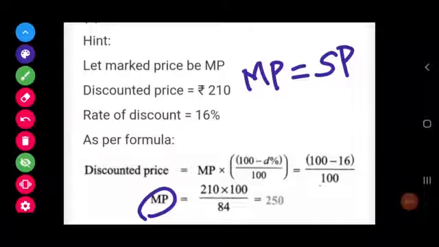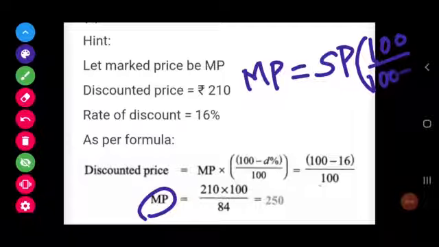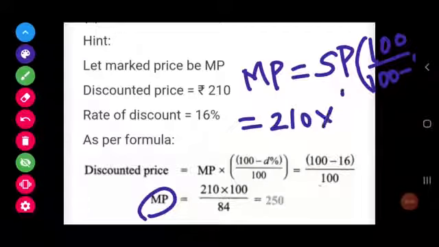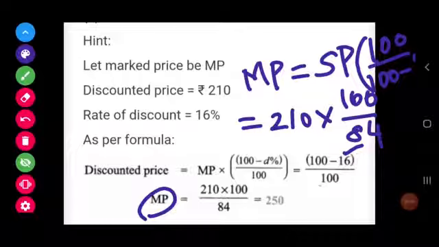In both cases we can take 100 divided by 100 minus discount percentage. Okay, here we know that the selling price is rupees 210, 100 divided by 100 minus 16, discount percentage is 16, 100 minus 16 we have 84.